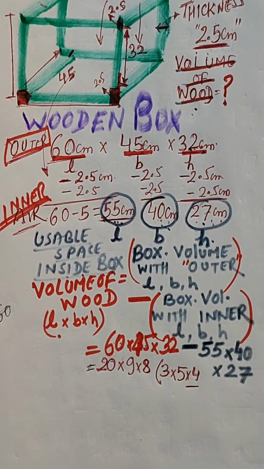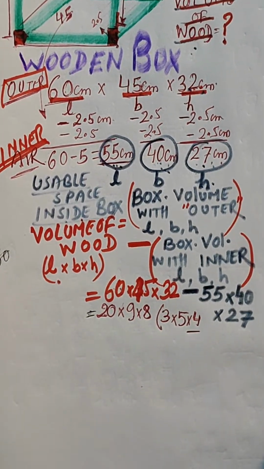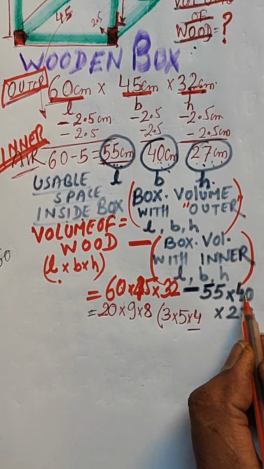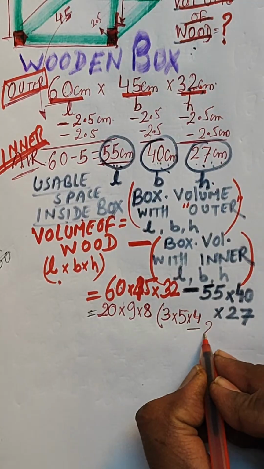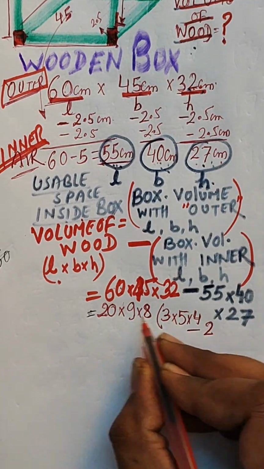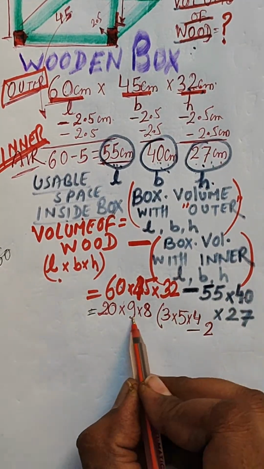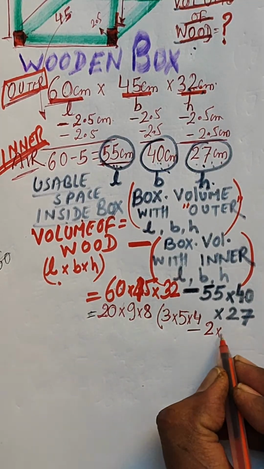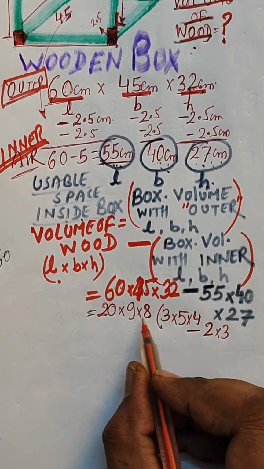So let us see whether that answer is correct. If that answer is correct, we can see that 20 is taken from 40, so it will be 2, because 20 into 2 will be 40, and 9 is taken as common from 27, so 3 is left.